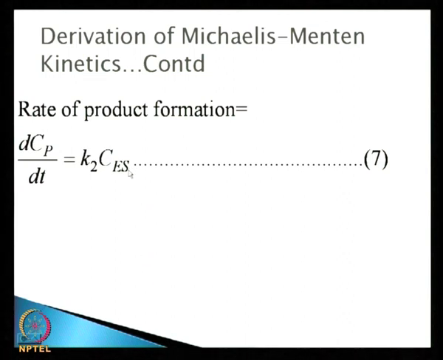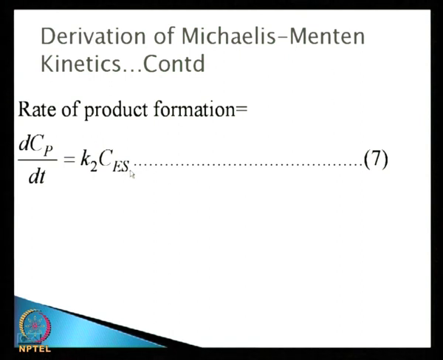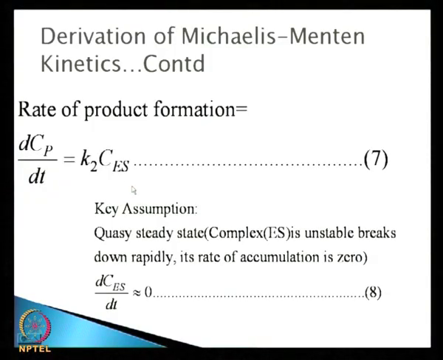Constraint comes later. Before that, what is the... So, the intermediate is very short lived. Right, so the dCES by dt equation which we have is going to be taken to 0. That is going to be 0. This is very good. That is the key assumption that we have to use.